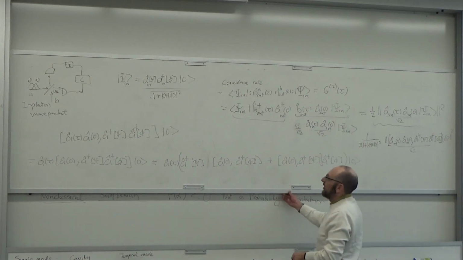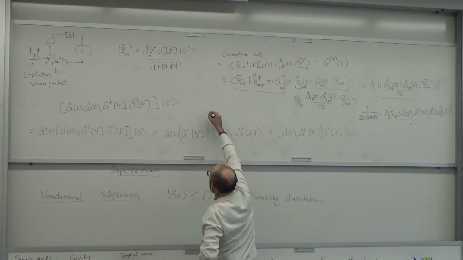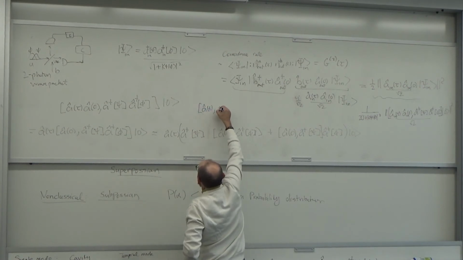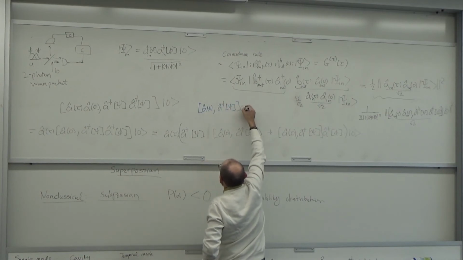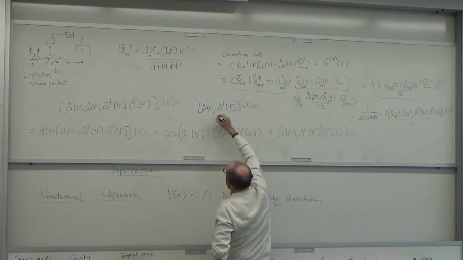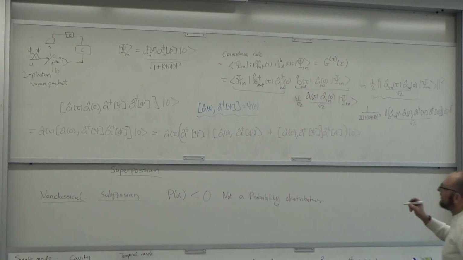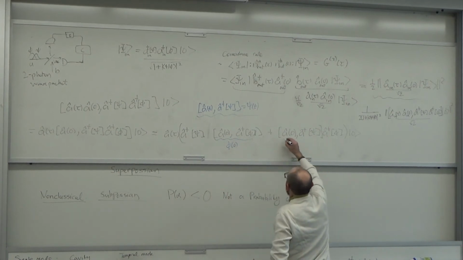So now this, I remind you, with a little bit of work, as we discussed at some point or other, is equal to that. So this is equal to the wave function psi of 0, and this is equal to the wave function phi at 0.